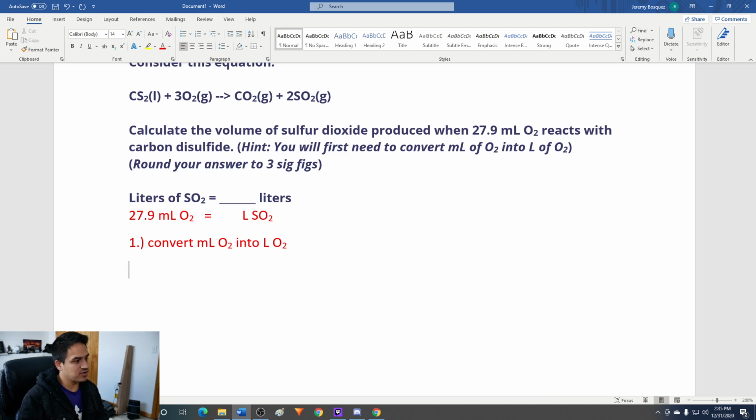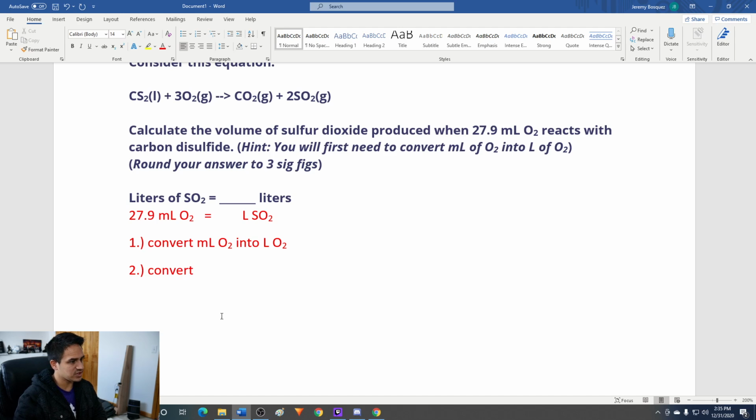The reason is that we need to get our volume of oxygen into moles, but we can't do that unless it's in liters, because the only conversion factor that we have that deals with liters to moles is molar volume, and that's 22.4 liters per mole, not 22.4 milliliters per mole.